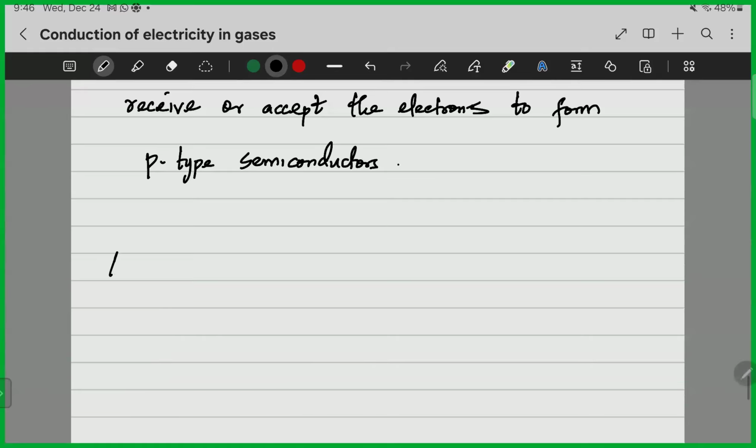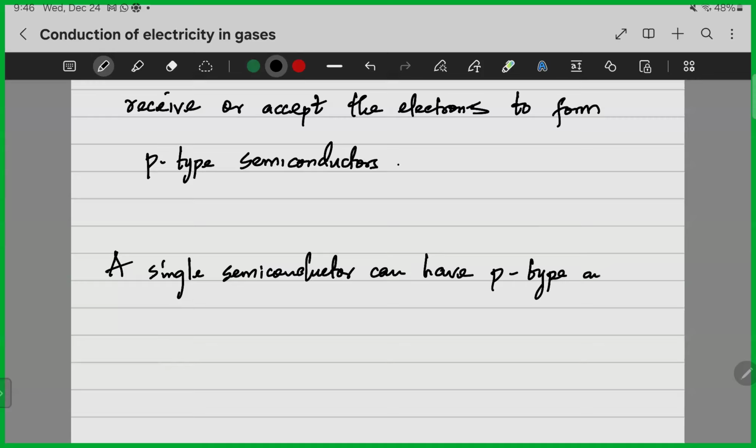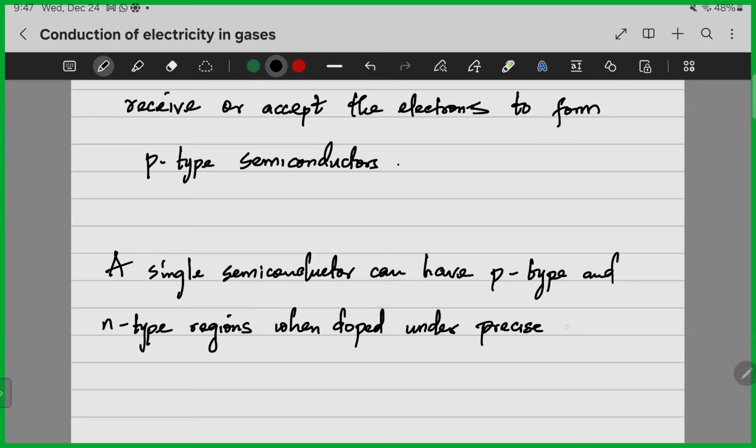A single semiconductor can have P-type and N-type regions when doped under precise conditions.